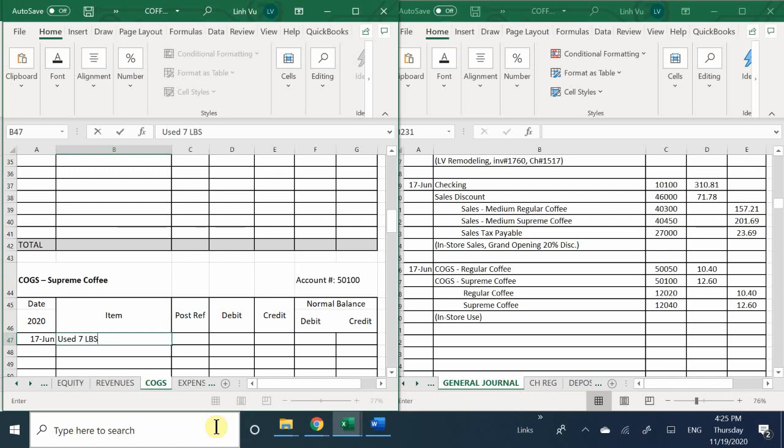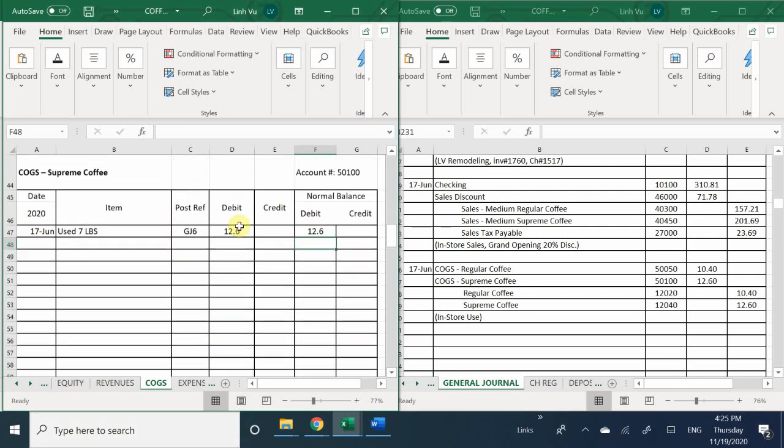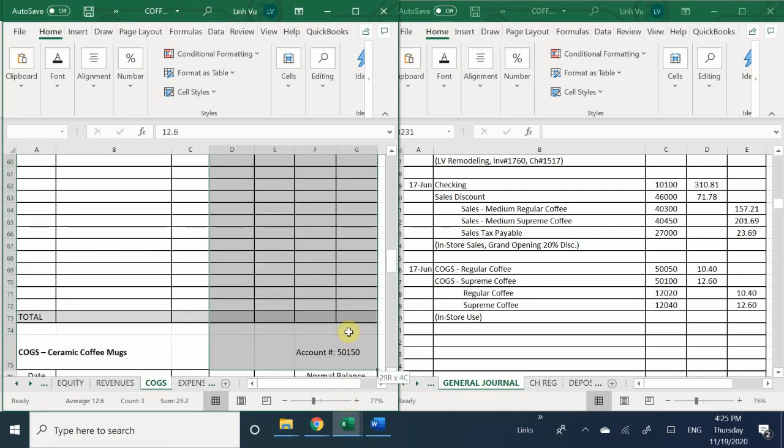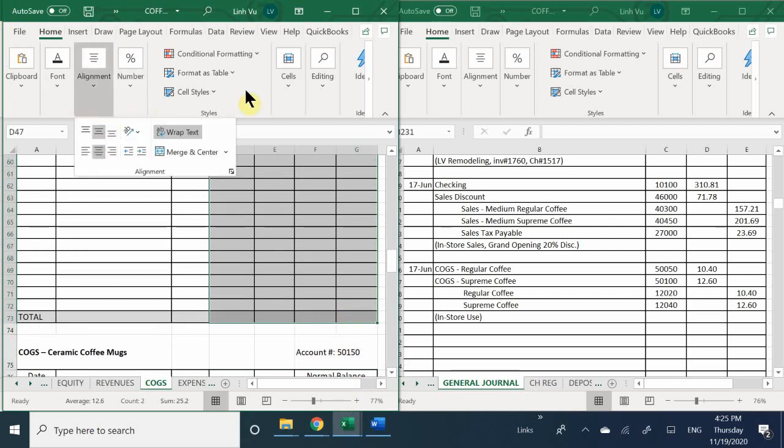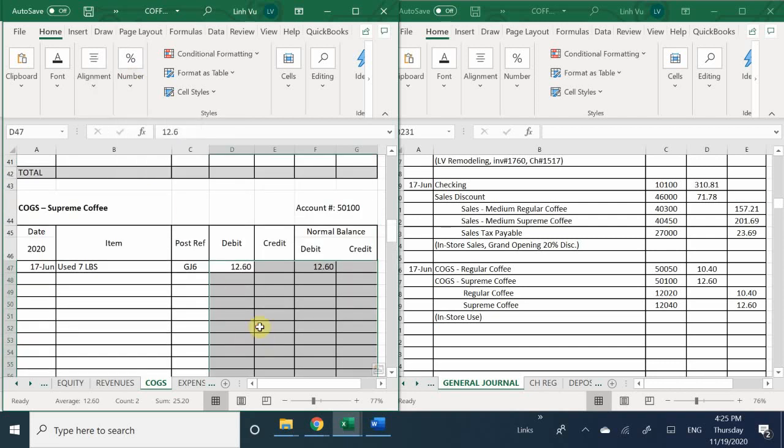We used a total of 7 pounds, general journal number 6, which cost me a total of $12.60. Good. All right. So now.